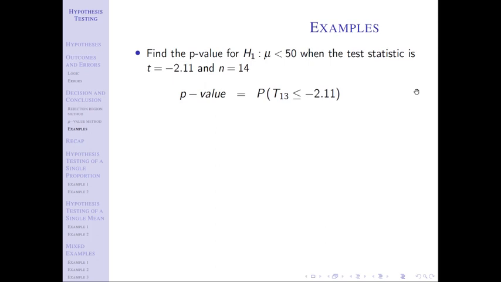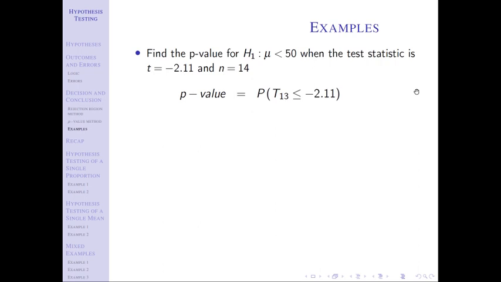However, when we're working with the T distribution, because the T table is wonky, it works a little bit different than using Excel. In Excel, you can find the exact values. On the T table, you cannot. On the T table, all you can do is say that the probability is between two values.